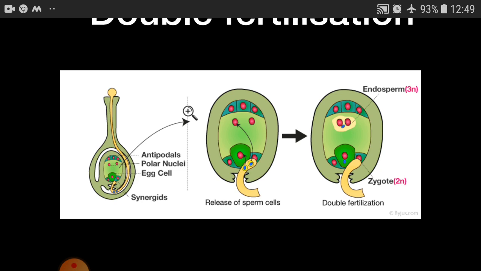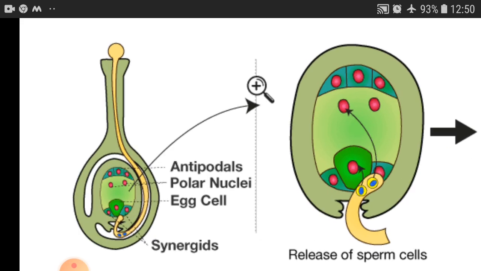Now for this we will again start from the growth of the pollen tube. Right? We come down again to the growth of the pollen tube when it enters from the stigma into the style. When the pollen grains land on the stigma, they start germinating.